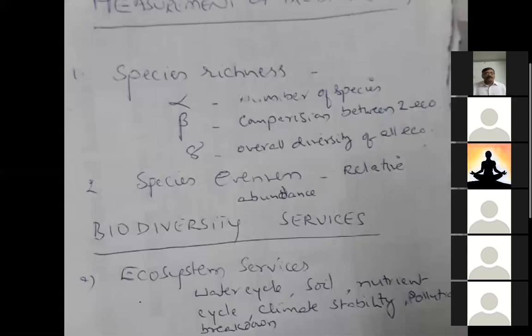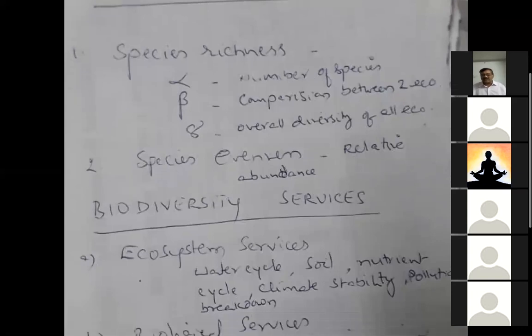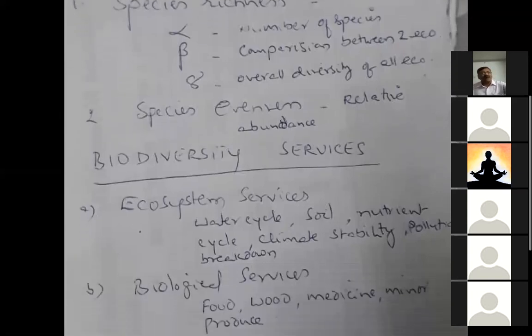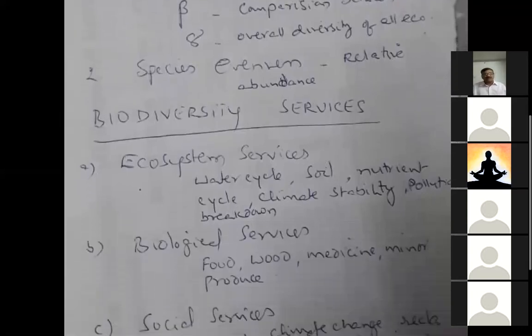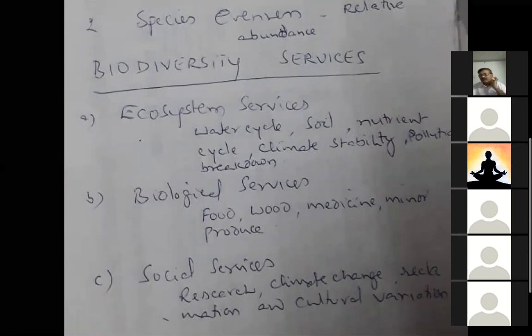We move to the next aspect, biodiversity services. What are these services? That means what this biodiversity is giving to mankind, how it is useful. There are two or three main categorizations of uses of biodiversity.